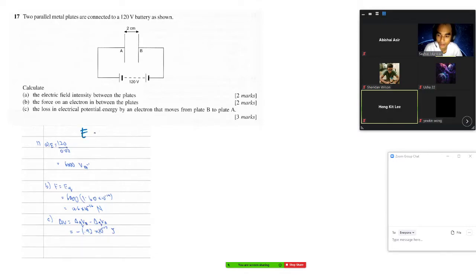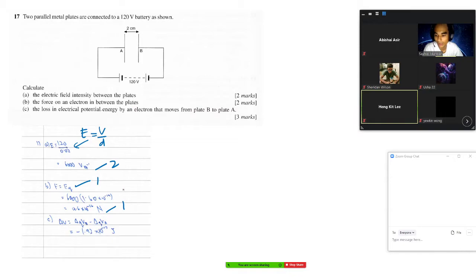Remember, everyone, when you start the equation, start with the symbol: E equals V over d, then put 120 divided by 0.02. This will be 2 marks. And F equals QE, 1 mark, giving 9.6 times 10 power negative 16 Newton. Full marks for that.